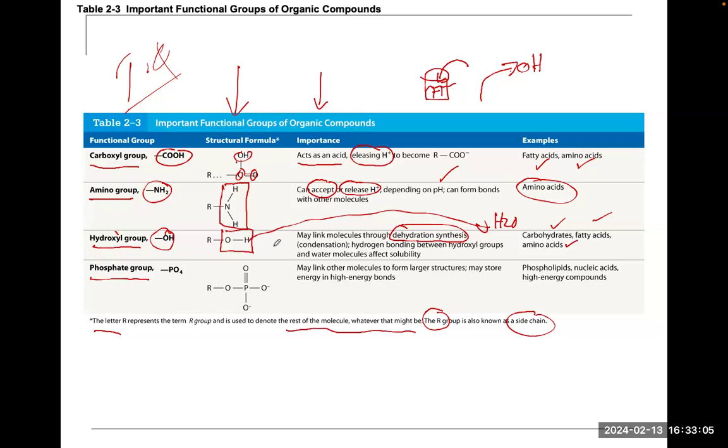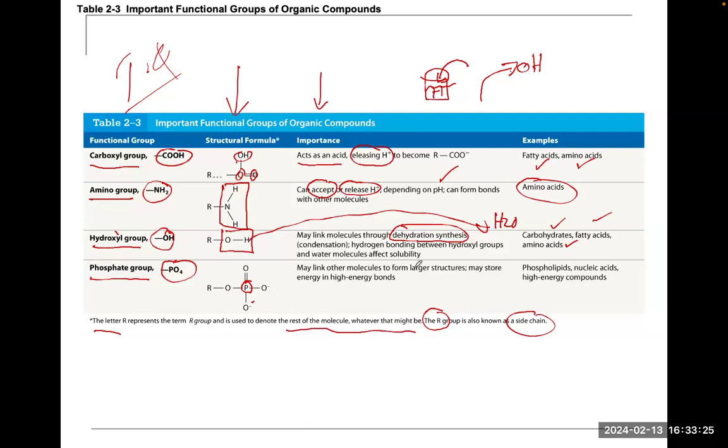It's quite common. Now, a phosphate group, if we look at this, you see the phosphorus right here, and then we have 4 oxygens. Okay, that's a phosphate group, PO4, P with 4 oxygens.